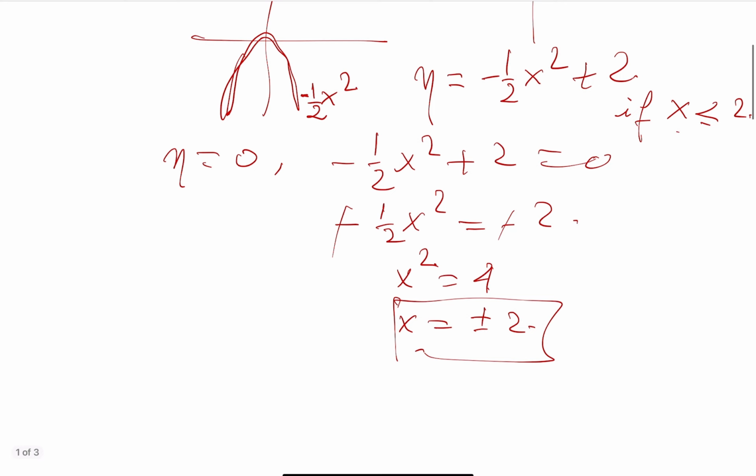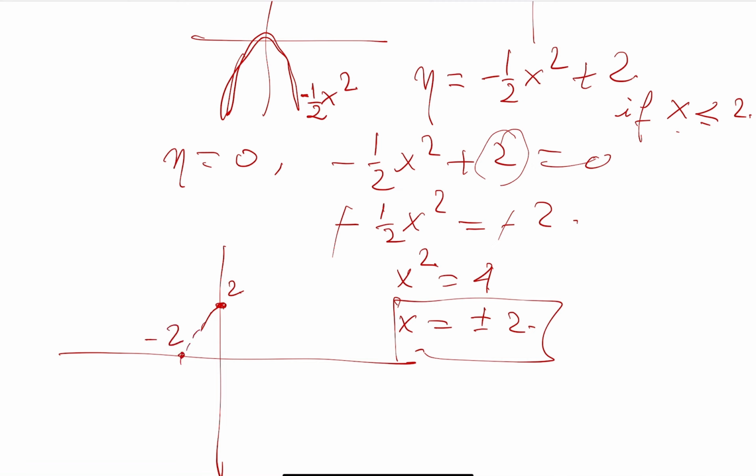So the x-intercepts, the graph will look like this. It goes up to 2 because of the plus 2. We intersect at negative 2 here and 2 here, and that's it. Make sure you put the arrow here.